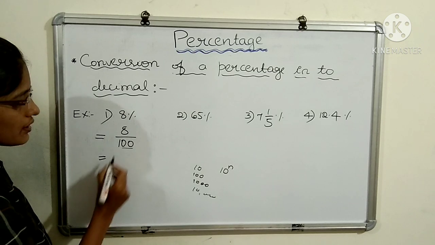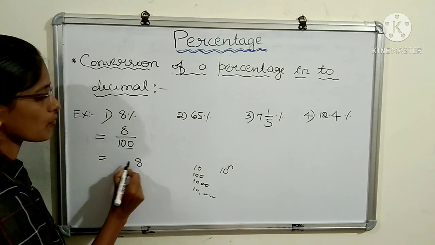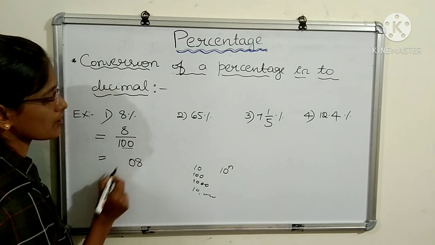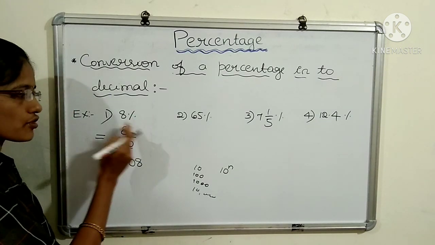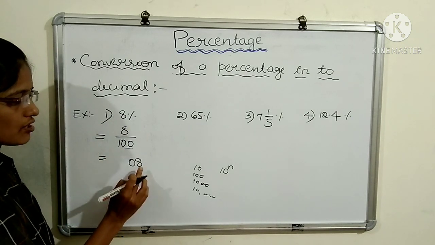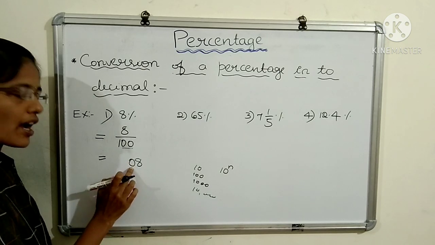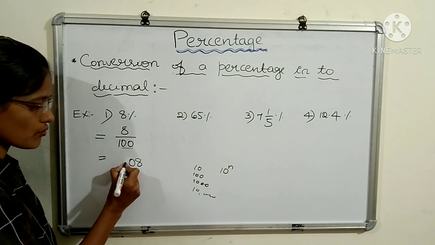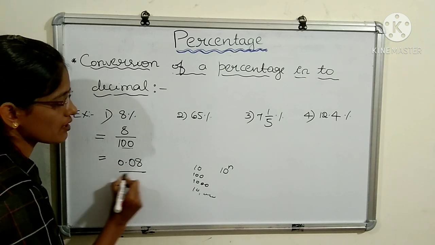Means what? Here already 8 is there. Here nothing. Nothing is there means what? We have to take 0. So decimal point shift to left. Shift to left by 2 places. So already in the numerator 1 place is there. For 2 place we have to take 0. So then you put point. 0.08 is the answer.